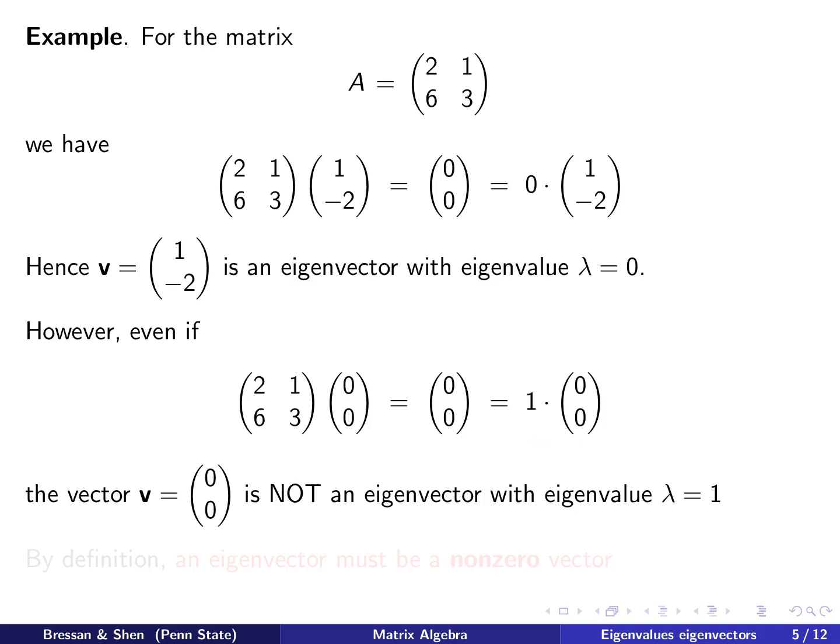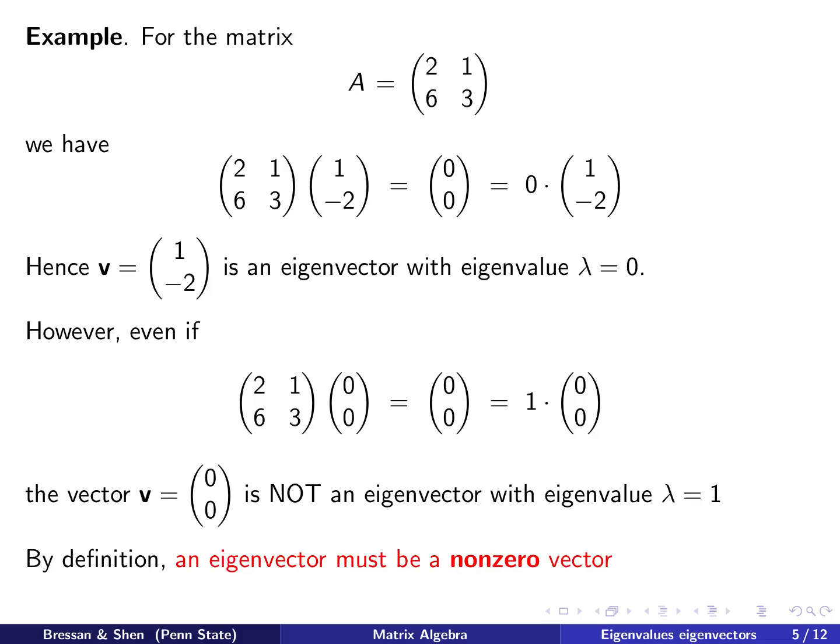Can this be an eigenvector? No, it can't, because look at the vector. It's (0, 0), a zero vector. For a vector to be an eigenvector, it must be non-zero. So this is not an eigenvector, and 1 is not an eigenvalue.